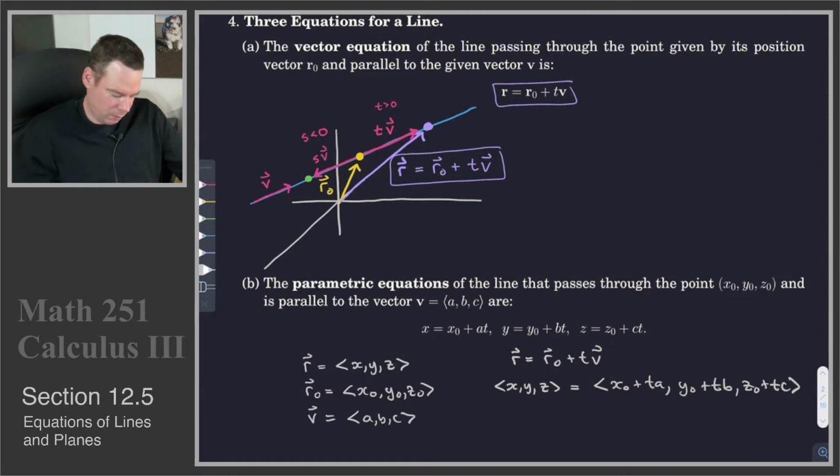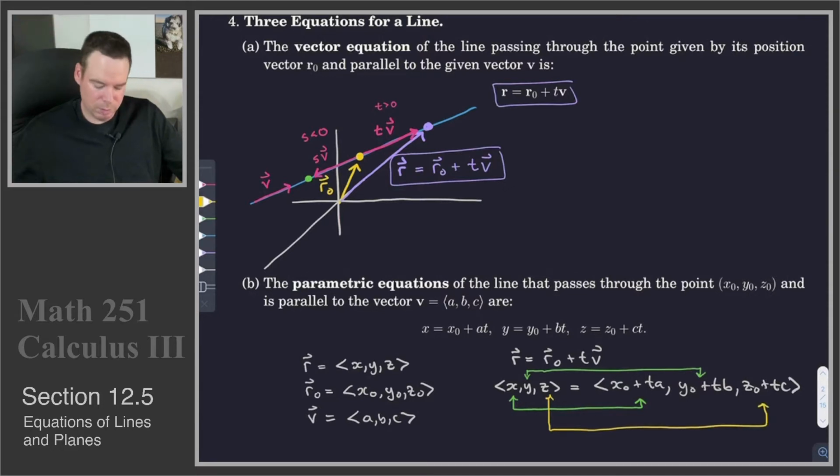And so just comparing their corresponding components, we get that x is equal to x naught plus ta, y is equal to y naught plus tb, and lastly z is equal to z naught plus tc. And those are the equations that are written here. These are known as the parametric equations for the line.